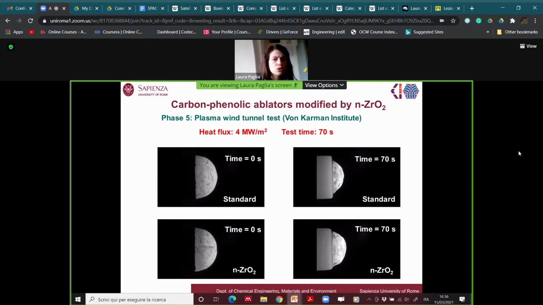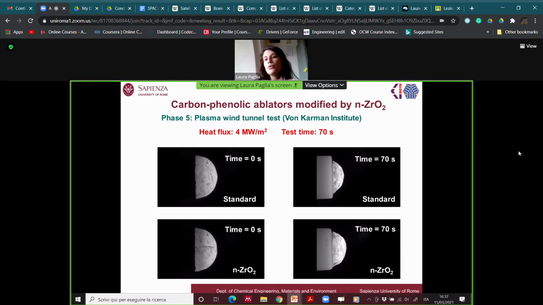There are also other carbon phenolic ablators, for example, Asterm, manufactured by Airbus. And there is also another carbon phenolic ablator, Zuram, which was manufactured by the Von Karman Institute.